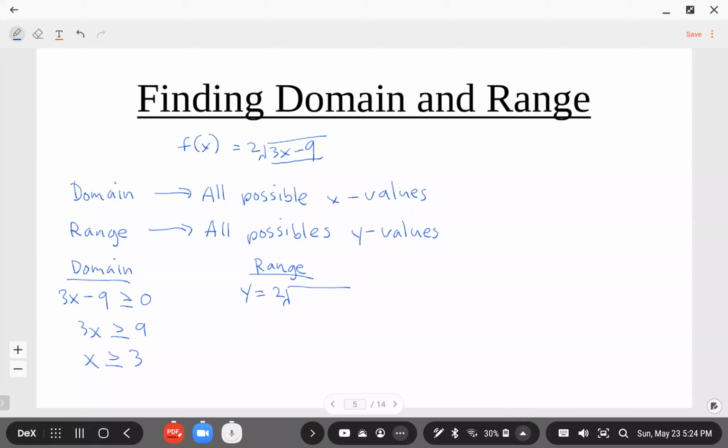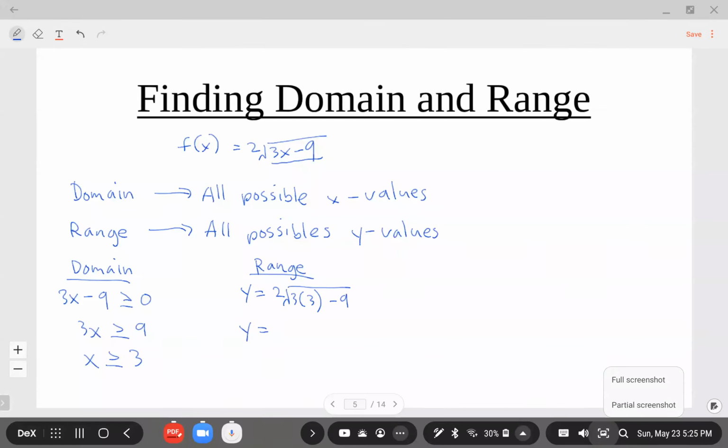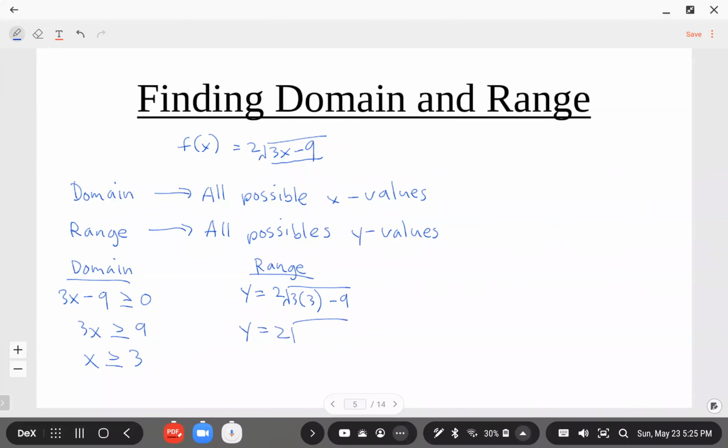Then y equals 2 times the square root of 0, which is just 0. So y can be greater than or equal to 0, basically 0 to infinity. So that is our domain and range, and how to find them.